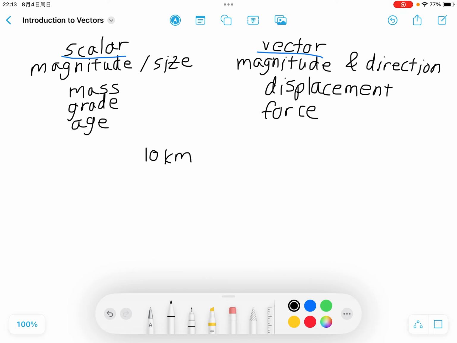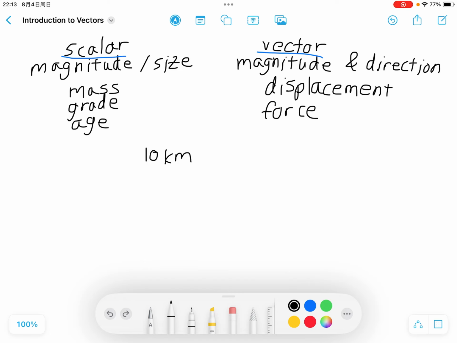So a scalar only has magnitude or size. Basically a scalar is any value that only has a number there. A vector is any value that has a number and also a direction after it. So this was obviously a scalar because we see no direction. There's no 10 kilometers to the right or 10 kilometers to the left. It's only 10 kilometers. So if I were to say, I started at my house and I ran 10 kilometers, guess where I ended up?